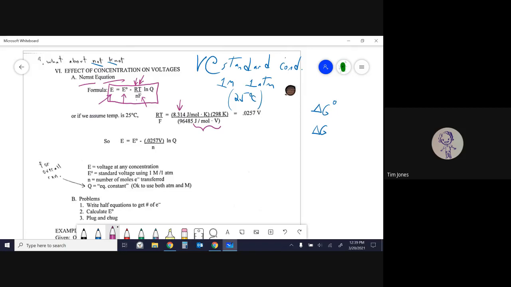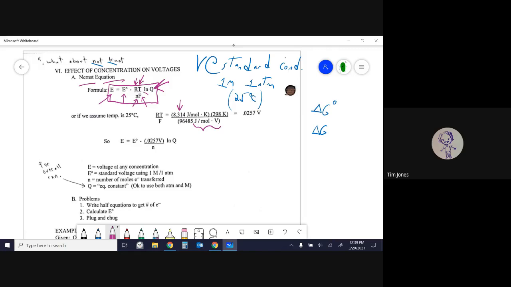N is the number of moles of electrons being transferred. And then we have natural log, and Q is the reaction quotient, which we've seen before. It's the same thing as an equilibrium constant, but not necessarily at equilibrium.